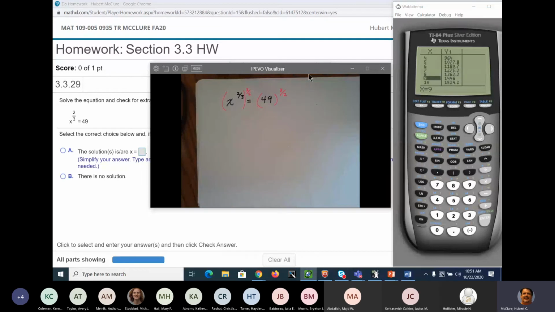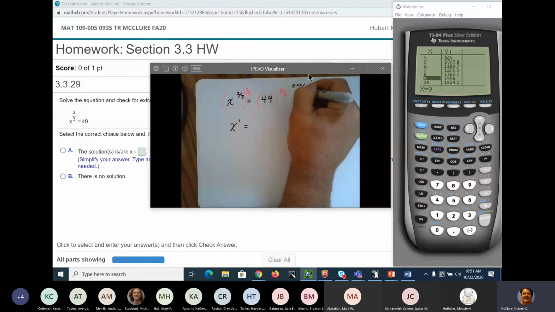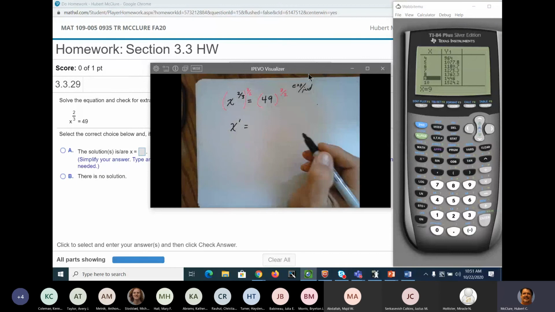And what does that give us on the left-hand side? x to the what? First power, which is x, is equal to, this is exponent over index. So this is what?